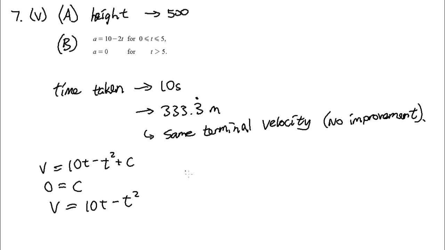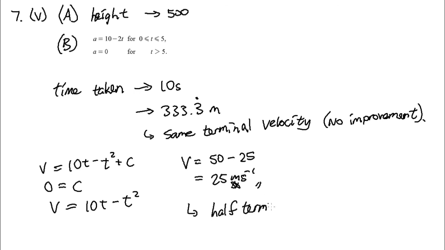And we know that terminal velocity is at 5 seconds. So plug in the 5, and you get 50 take 25, which gives you a nice terminal velocity of 25 meters per second, which is half of the previous terminal velocity, and therefore it's an improvement.